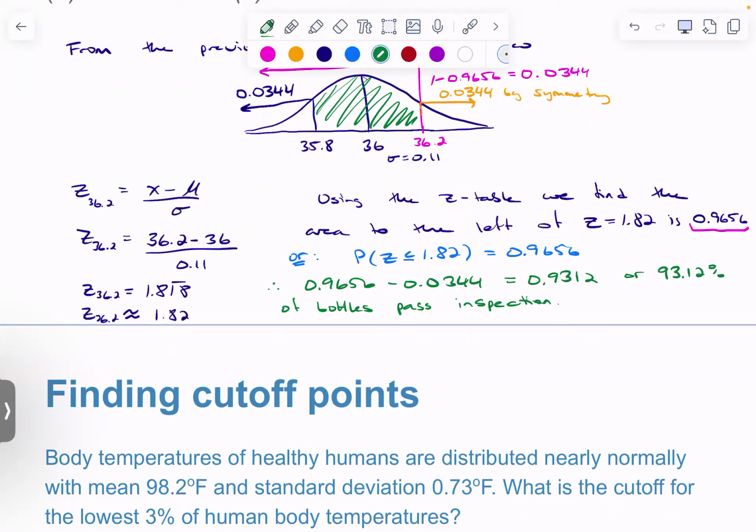Always show your work for this kind of stuff, right? The more that you can show me, the more I can figure out how to give you marks. If you don't show me any work and you just tell me the answer and it's wrong, then I can't give you any part marks.